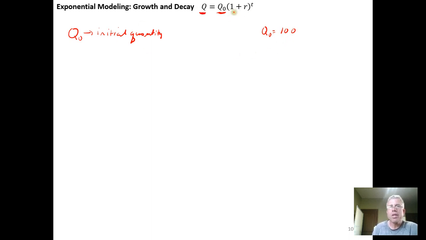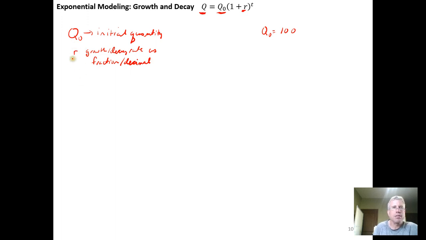And then you're going to have something that grows. And it's going to have a growth or decay rate. So R is the growth or decay rate. And this is either a fraction or a decimal, because a decimal is a fraction if it's terminating.